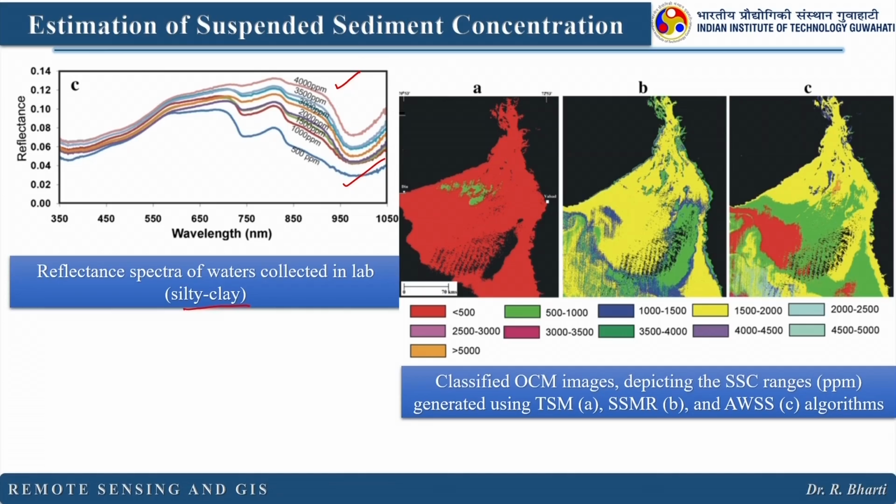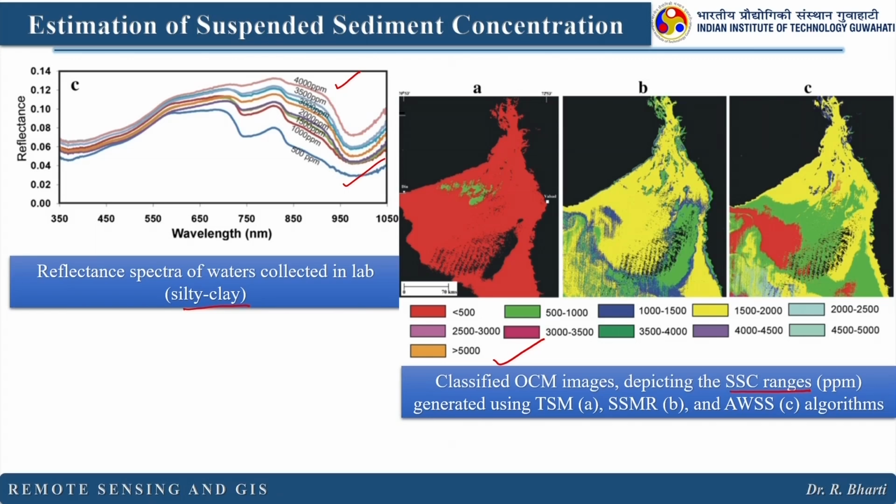Once you identify those wavelengths, and if you can find the satellite images in those particular wavelength region, then you can use that particular value to depict the suspended sediment concentration. That is how this OCM image was used to identify this suspended sediment range in this particular study area.